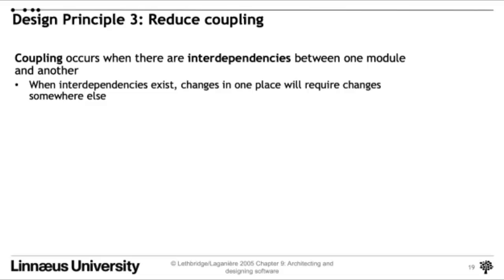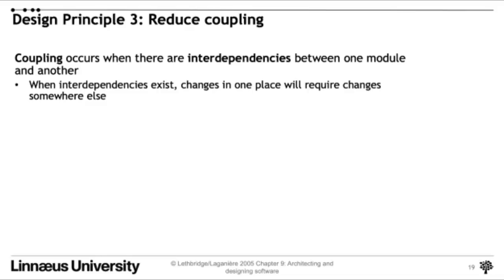So coupling. What is coupling? First of all, coupling occurs when you have many dependencies between one module and another. If a dependency exists, changes in one module can have an impact on the other module.